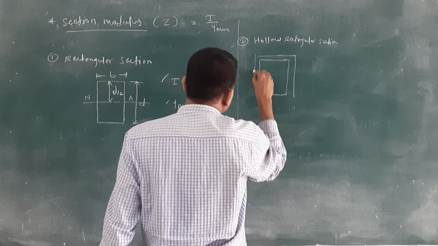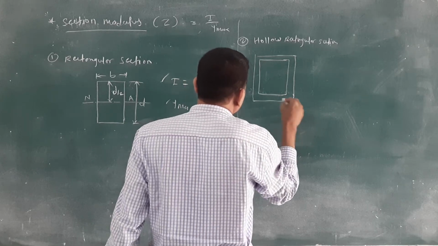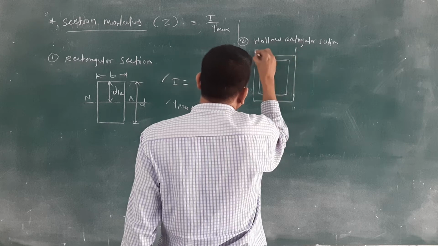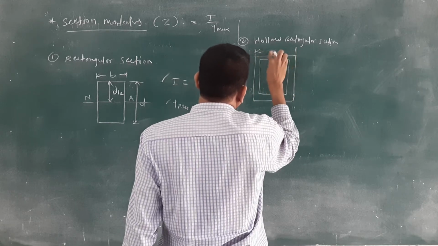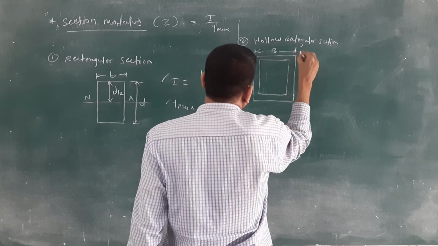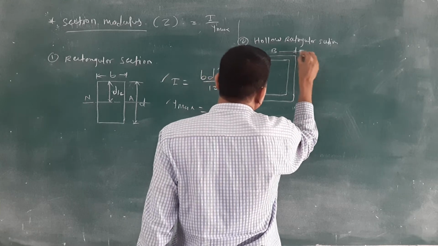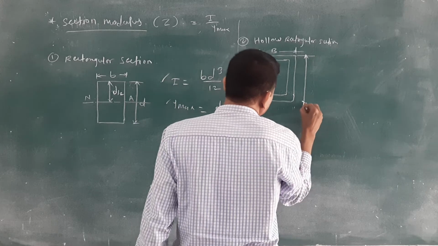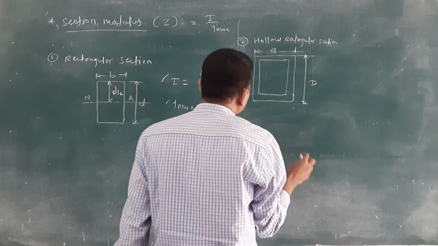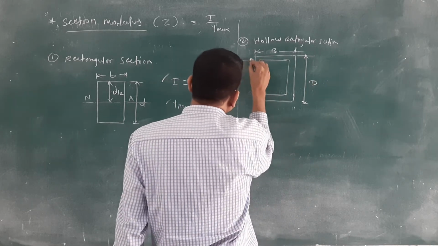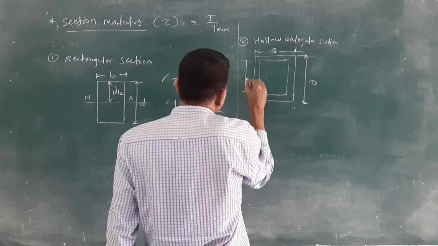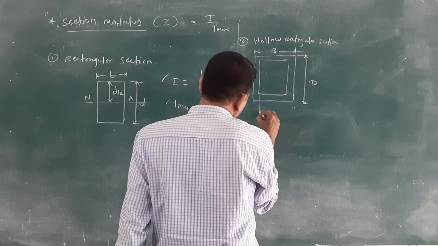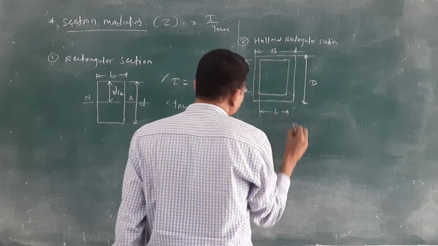Check that. For the outer rectangle, we will consider capital B as the width and capital D as the depth of the rectangular section on the outer side, and inside we will consider the depth as small d and the width as small b.